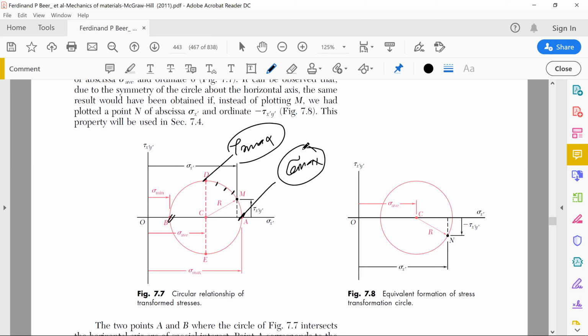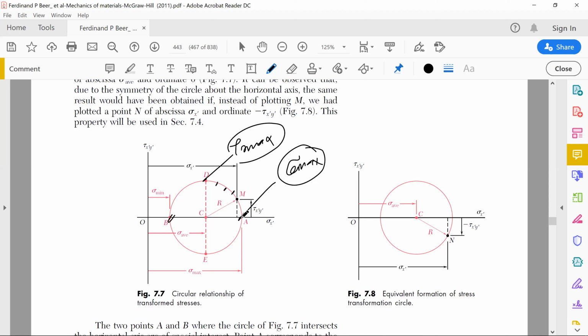Then there may be some maximum which happens at 40.1 or 40.2, 40.3. So then you have to calculate again, and that is an iterative process by which you calculate the sigma max using the equation. Instead of that, this Mohr circle directly gives you the values.